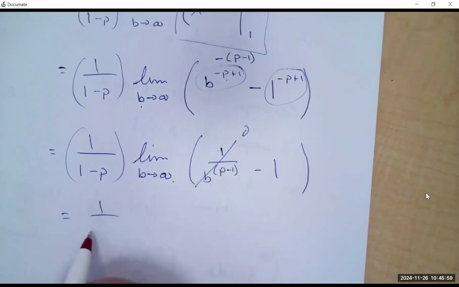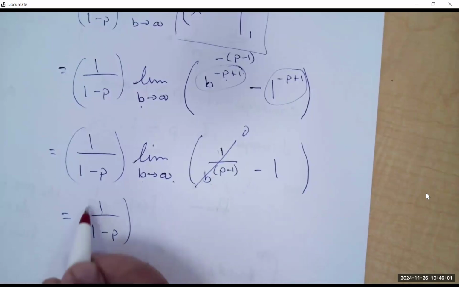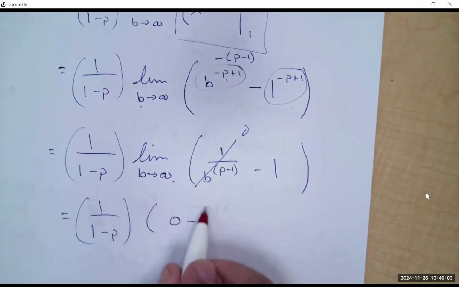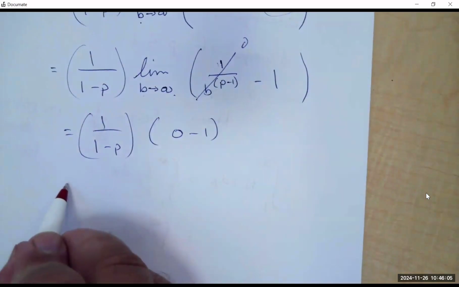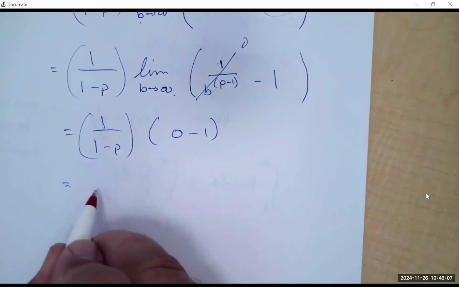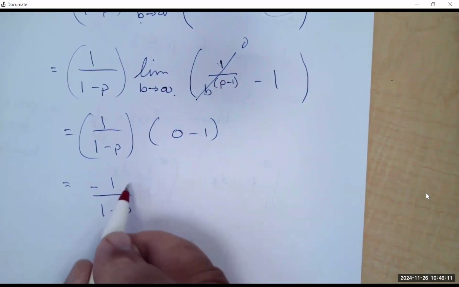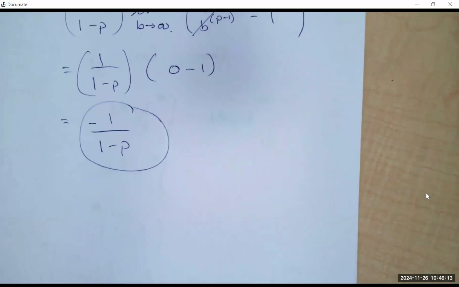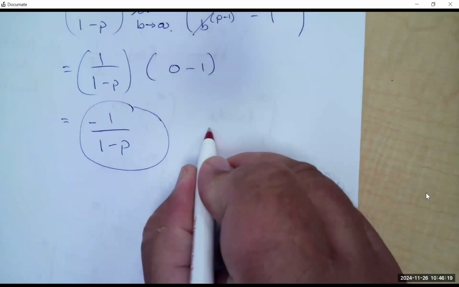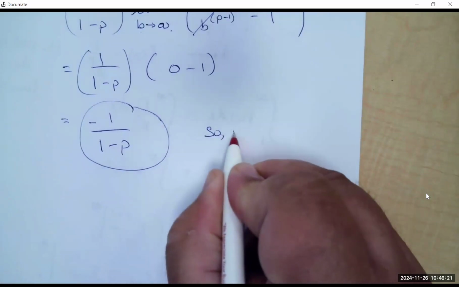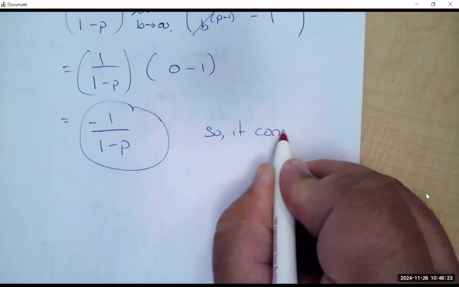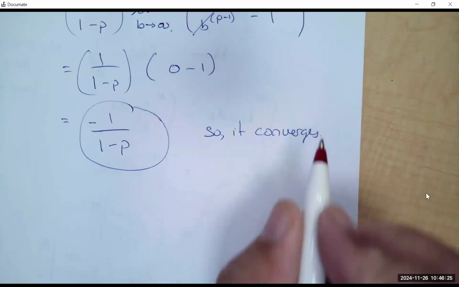So we have 1 over 1 minus p times 0 minus 1, which is equal to negative 1 over 1 minus p. So it converges.